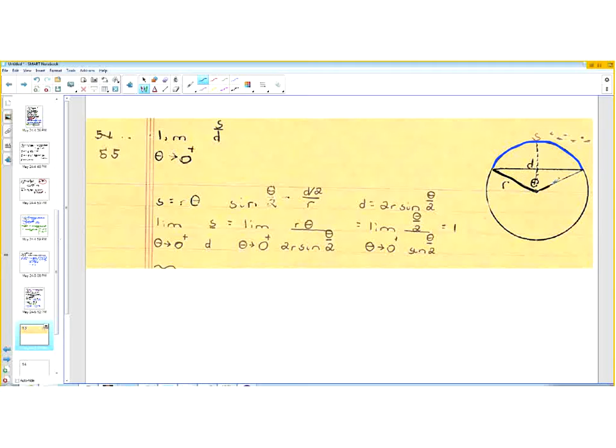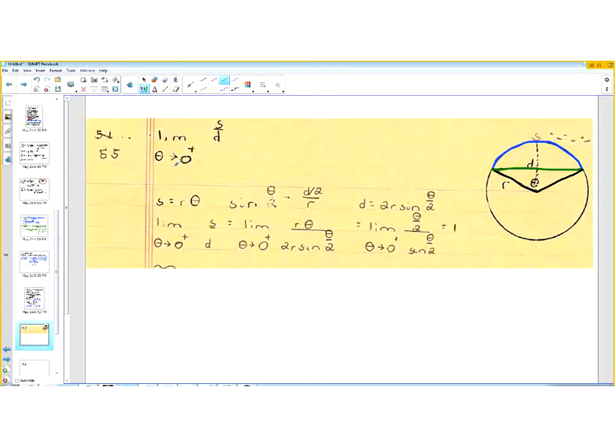You can see that the initial side and terminal side of angle theta define the arc S on the circle of radius r. So r is the radius. And d, what is d? Well, d is the chord of the arc defined by S. So d is the chord of the angle subtended by theta.